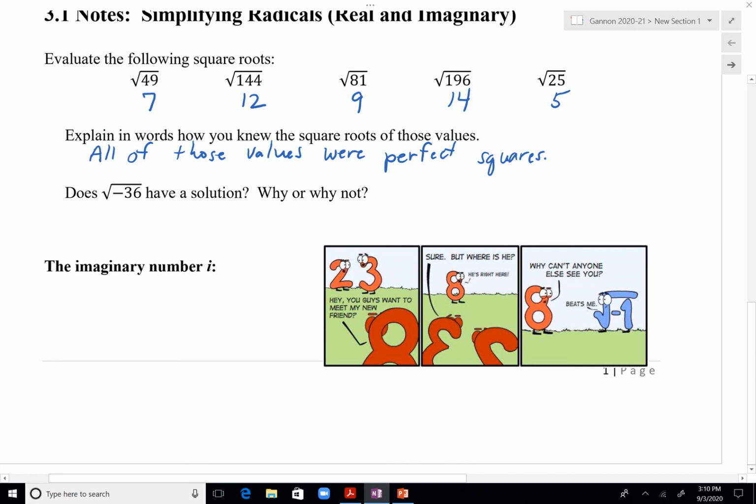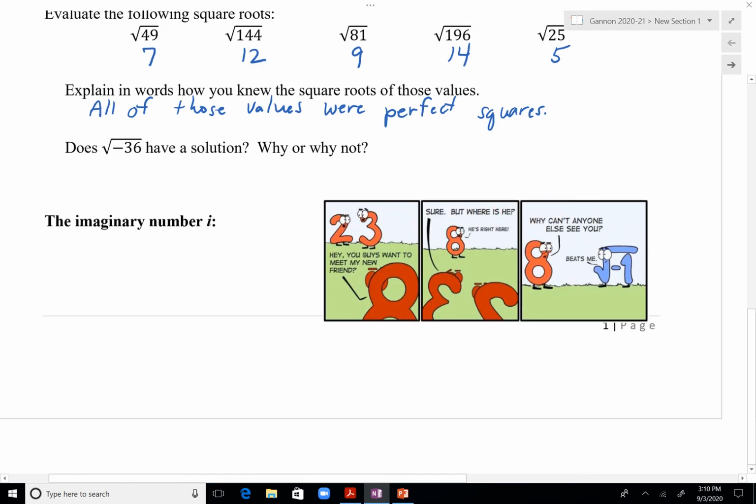Then we have this example that says, does the square root of negative 36 have a solution? Why or why not? Up to this point, the answer would be no, because there is not a number that we can multiply by itself and get negative 36.